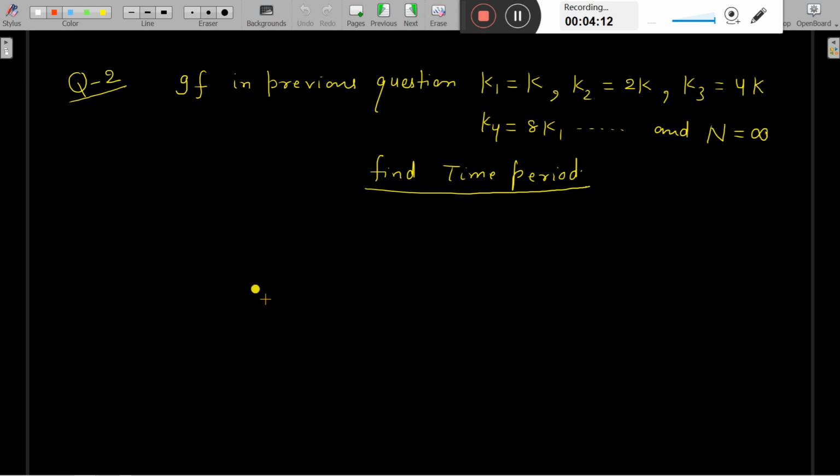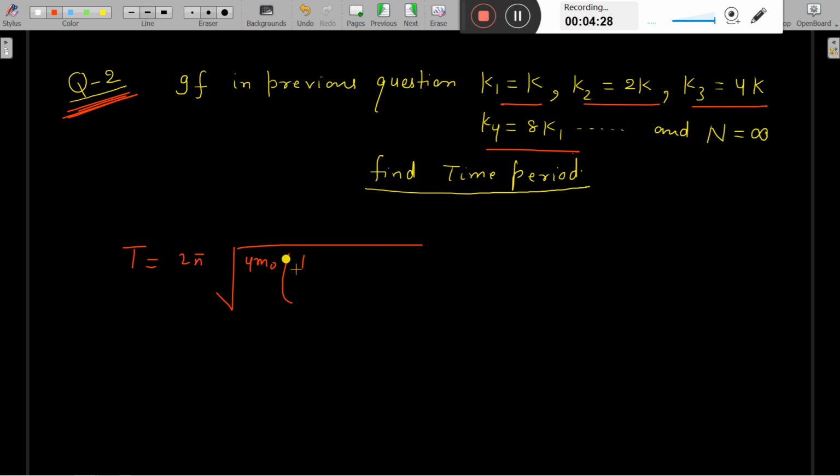In the same question, suppose k1, k2, k3 are given in geometric progression. We already have the time period 2 pi under root 4 m0 times (1 over k1 plus 1 over k2 dot dot to 1 over kn).